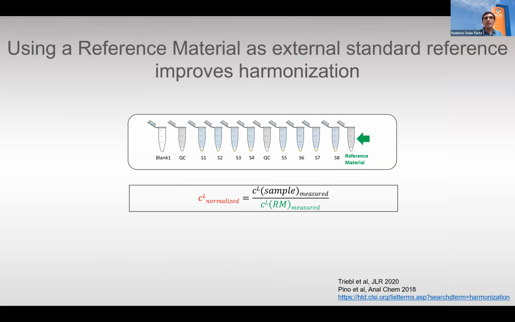The idea that we explored previously, and others have also published, is suggested by current procedures in clinical chemistry, where you can add an external reference material to your sequence of samples, analyze it together with the samples, and then normalize the concentration of each analyte using the ratio between the concentration of the analyte in the sample and in that reference material.